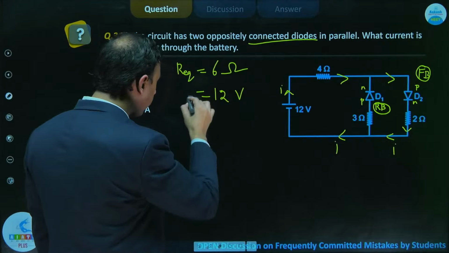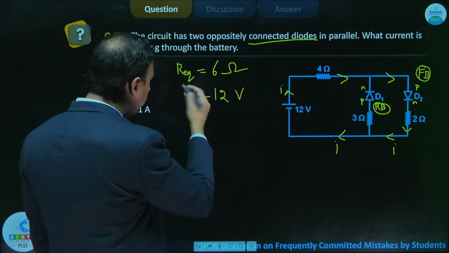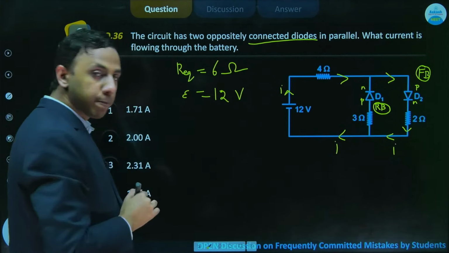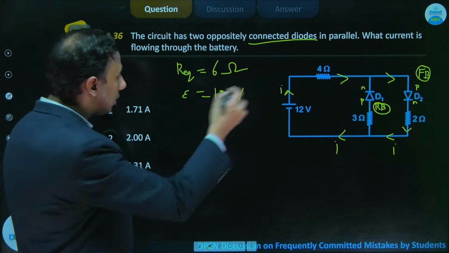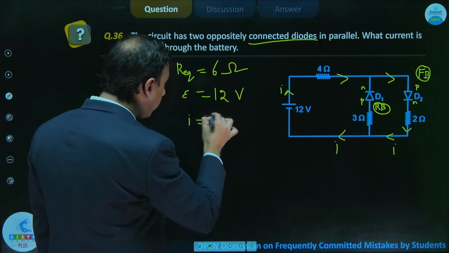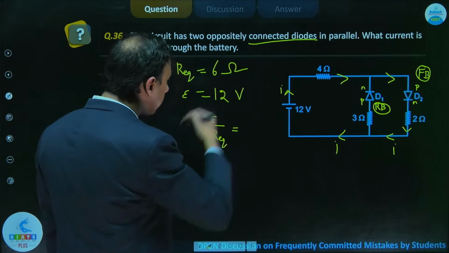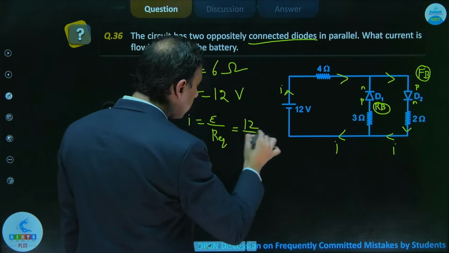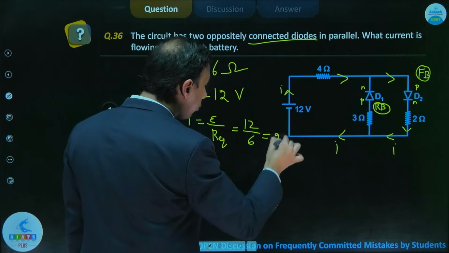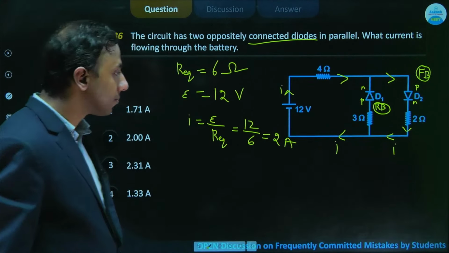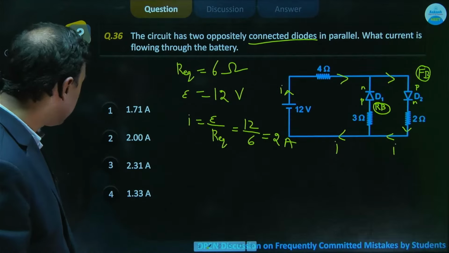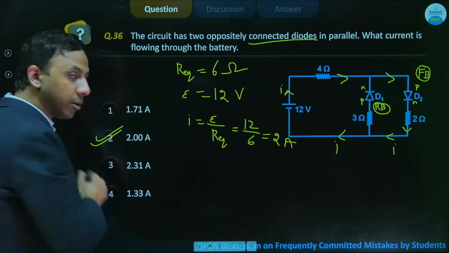I can write it as epsilon, or you can write it as V also. So the current in the circuit I will be nothing but epsilon by R equivalent, that is 12 by 6, that is 2 amperes. So 2 ampere is going to be our answer.